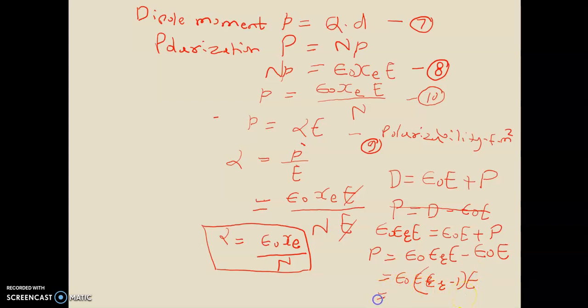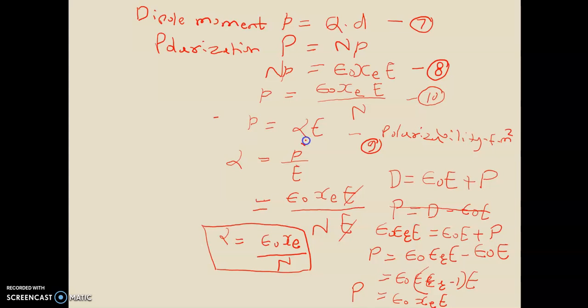Now, you know that polarization P is equal to epsilon 0 susceptibility Xe into E. This equation you know from equation 8. So when you consider total polarization, it is susceptibility, but when you consider dipole moment, polarizability is there.